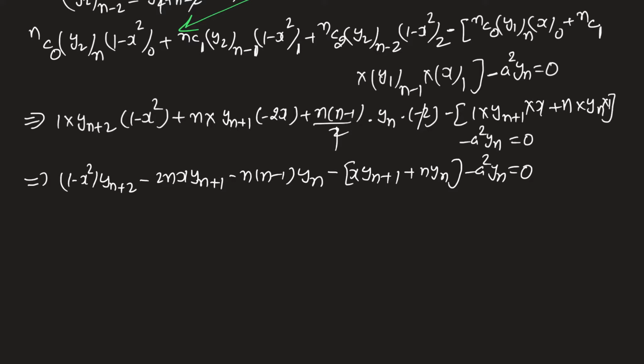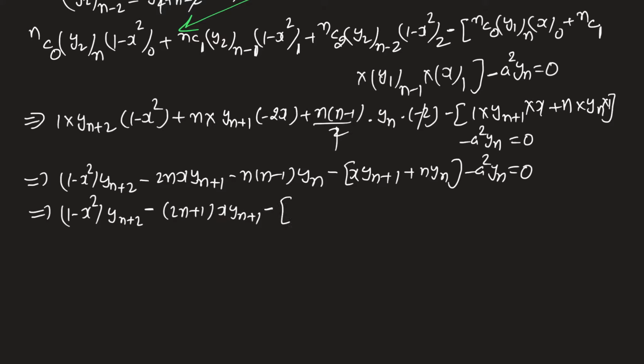So, collect the terms containing y_{n+1} and y_n. This will be minus (2n plus 1) x y_{n+1}. Here minus is common, x y_{n+1} is common. So, this is what we get.